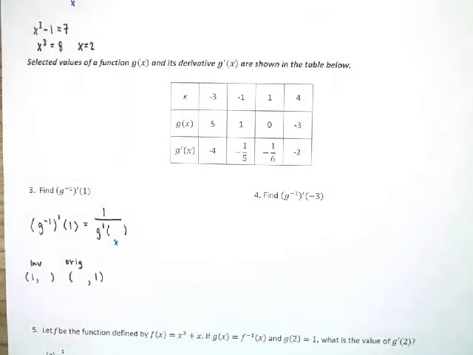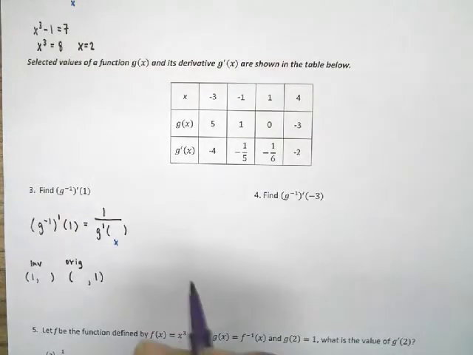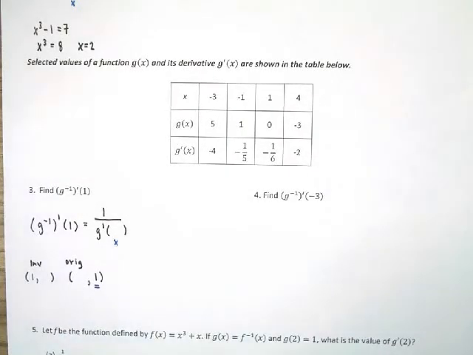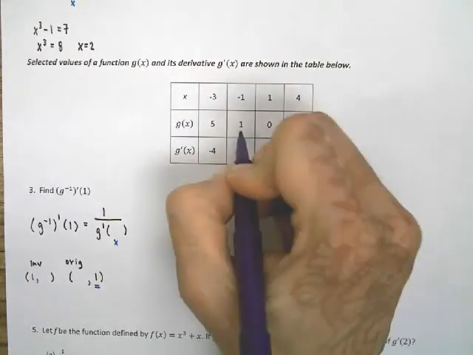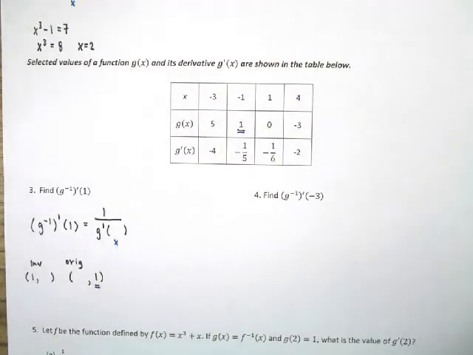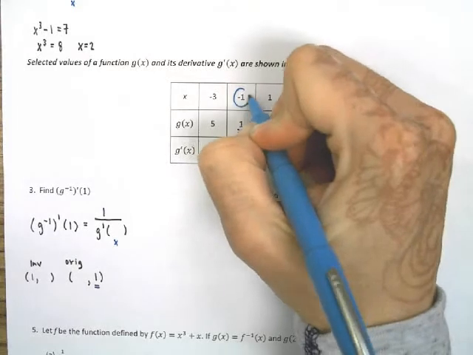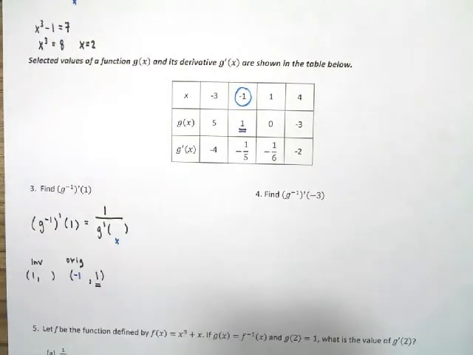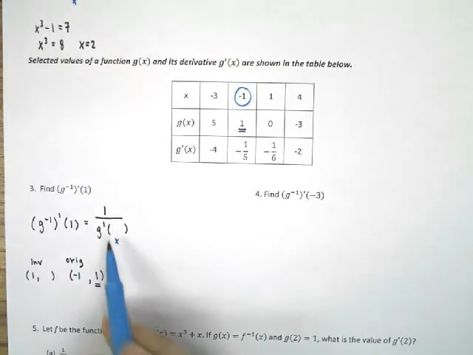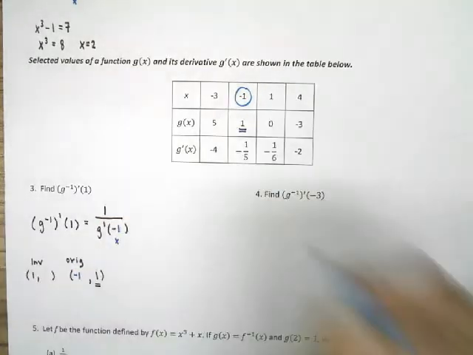So now I go back to the table, and I want to say, where does g have an output of 1? I'm going to look in the column for g, and I find the value of 1 happens when x is -1.